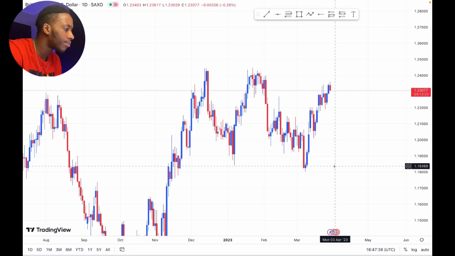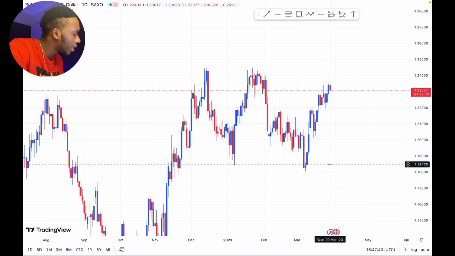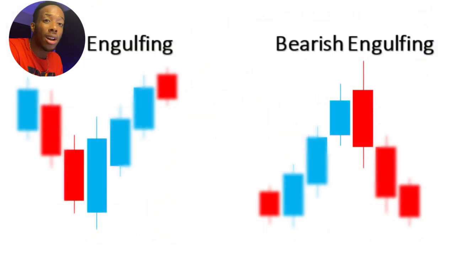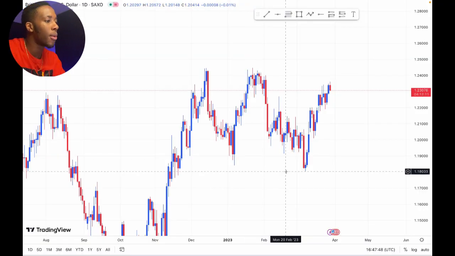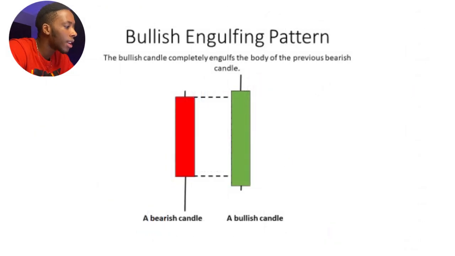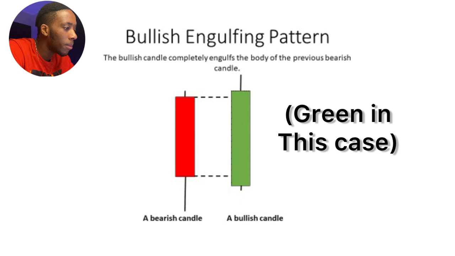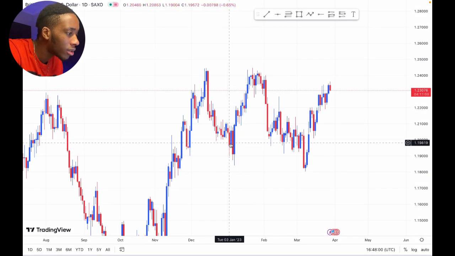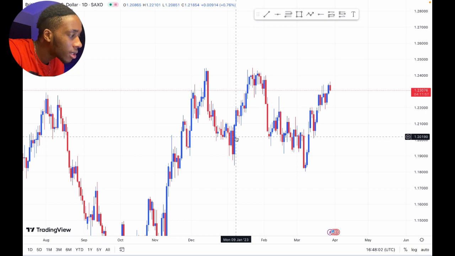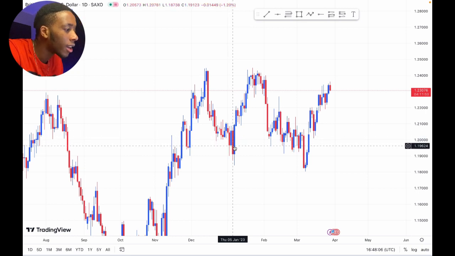So the first one I'm going to go with is the bullish engulfing and the bearish engulfing, right? In the case of a bullish engulfing, it's basically a blue candle which completely engulfs a previous red candle, like this one for example. You see how this blue candle covers this whole red candle.